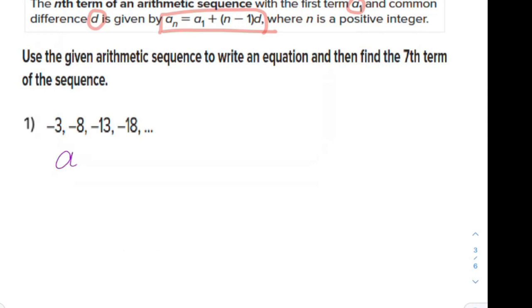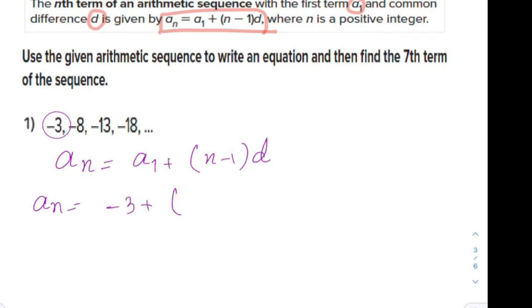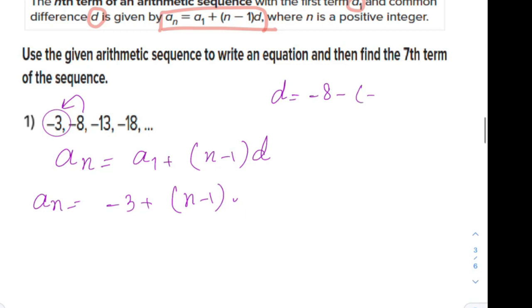We have the equation an is a1 plus n minus 1 d. So we need a1. a1 is the first term. So an is a1, which is -3, plus n minus 1 times d. d, as we know now, is the common difference, which is -8 minus the -3. Sometimes you can do it mentally. So it is -8 plus 3, which is -5.